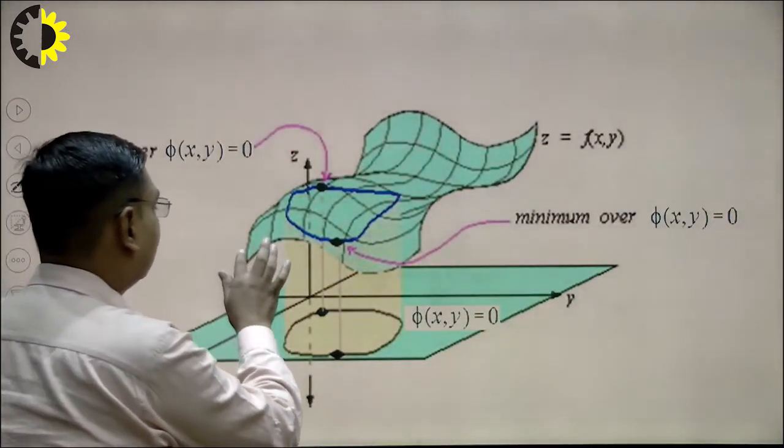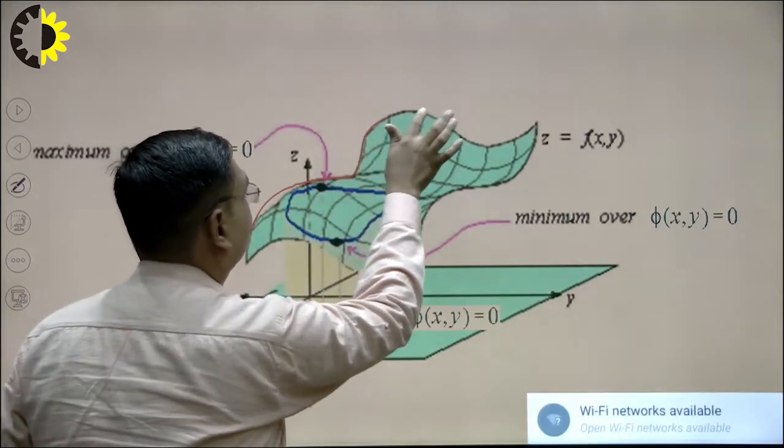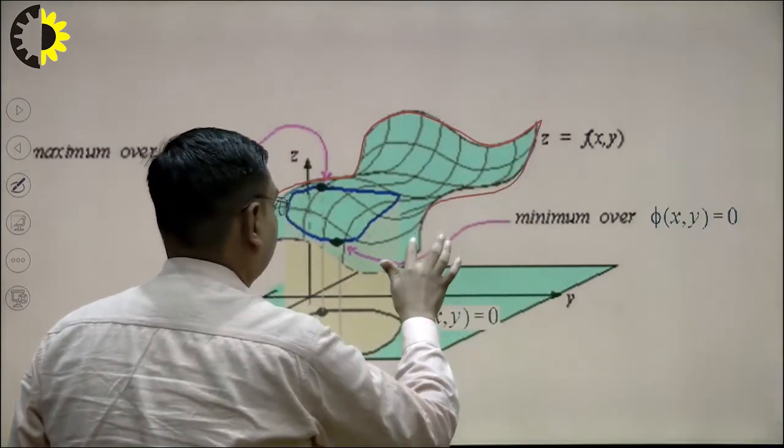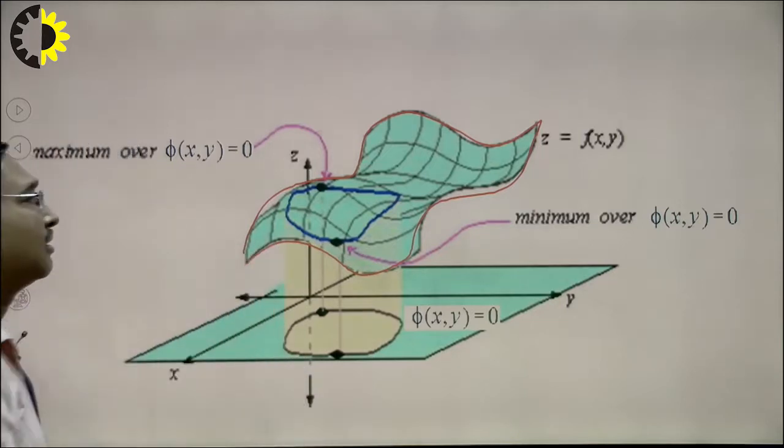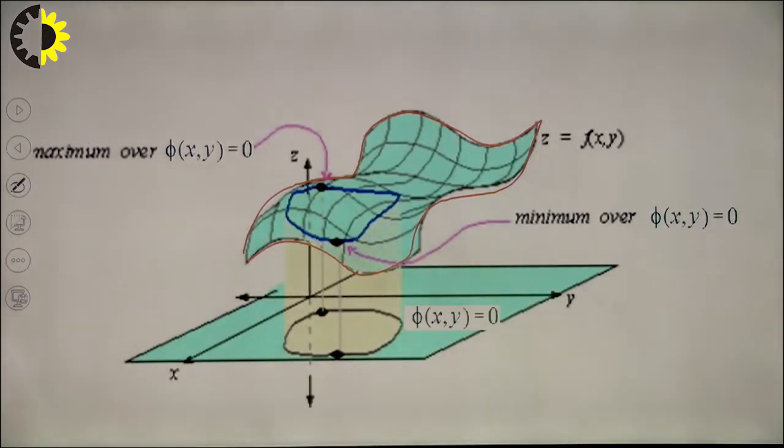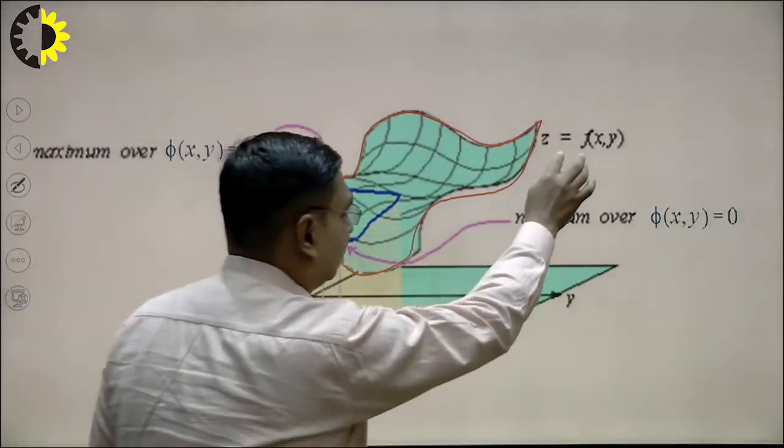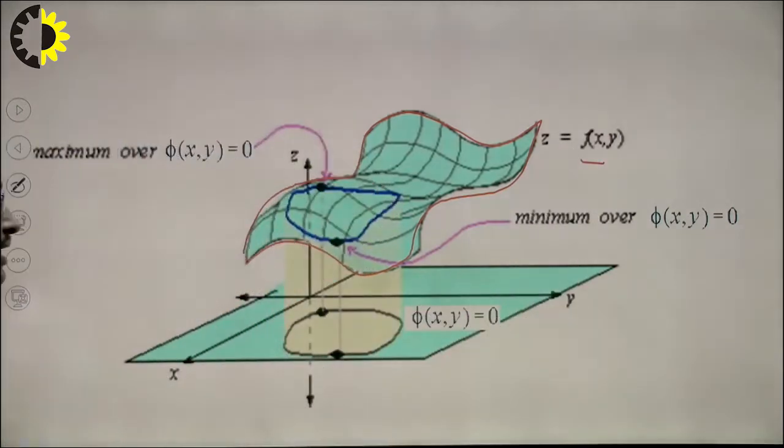This is our surface z equal to f(x,y), something like this. This graph shown here is the graph of the surface z equal to f(x,y).